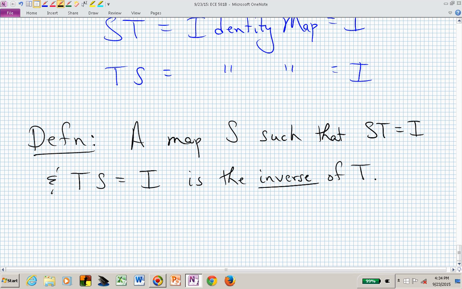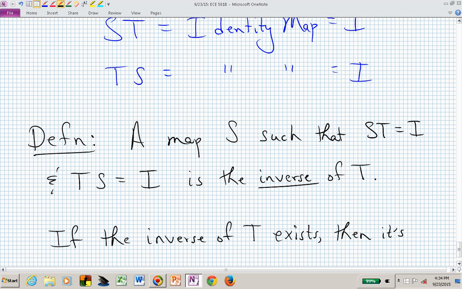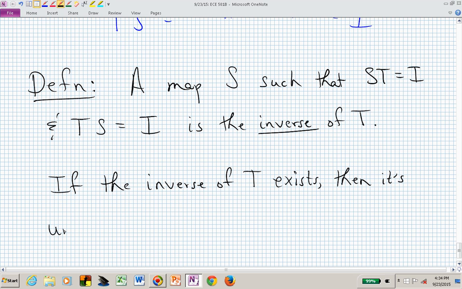And we usually like to keep them, the inverse and the linear map, somewhat connected, and we can do that by saying if the inverse of T exists, then it's unique and we give it the symbol T inverse.